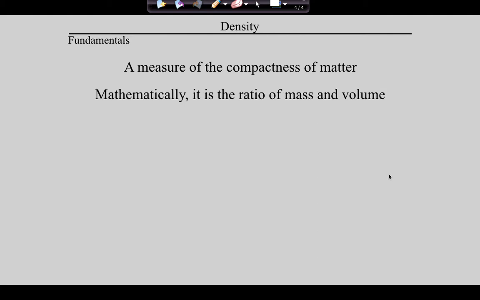So guys, what is density? Well, density is a measure of the compactness of matter. The more dense something is, the more of it is shoved into a space. But mathematically, this relationship is actually a ratio.